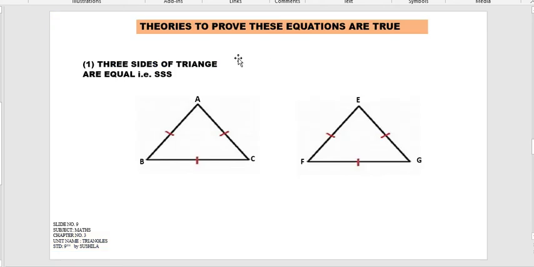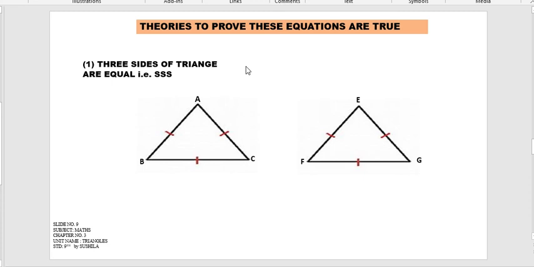Now, to prove this congruency of the triangles, there are certain theorems, among which the first theorem is triple sides. Triple side: two triangles are given, AB is equal to EF, BC is equal to FG, and AC is equal to EG, right?